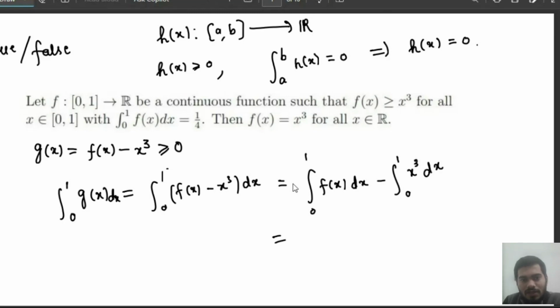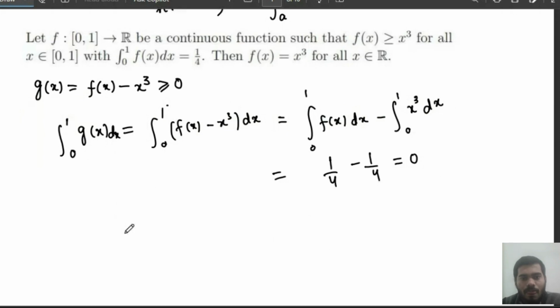Since the integral of f(x) over the interval 0 to 1 is given as 1/4, and the integral from 0 to 1 of x cubed is also 1/4, the integral of g(x) is 0. Since f(x) is continuous and x cubed is also continuous, their difference is also continuous.